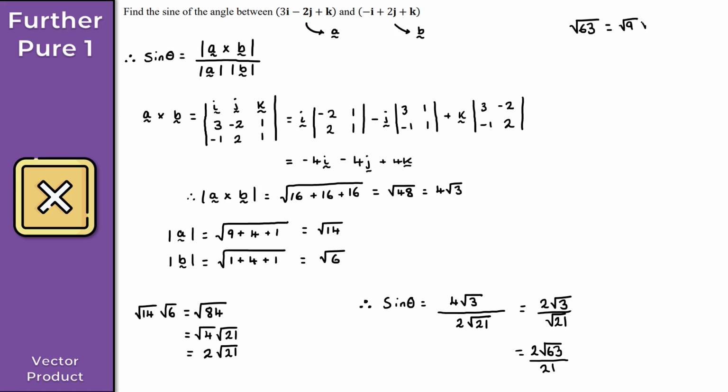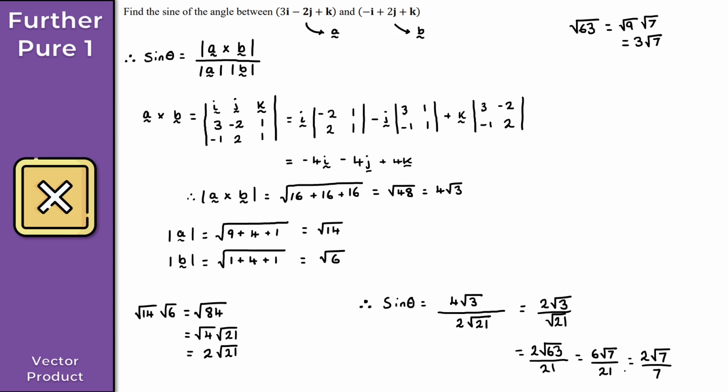So root 9 root 7 gives us 3 root 7. So 3 root 7 times by 2 gives me 6 root 7. That's 6 root 7 all over 21. And we can cancel down one more time to give us 2 root 7 over 7.